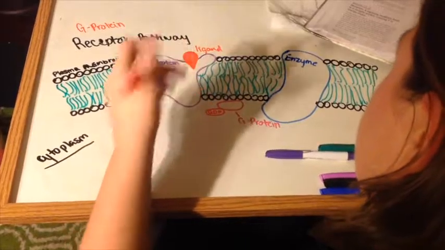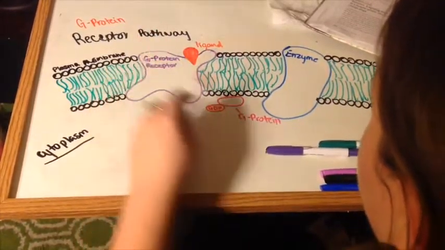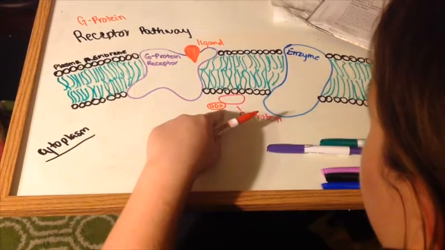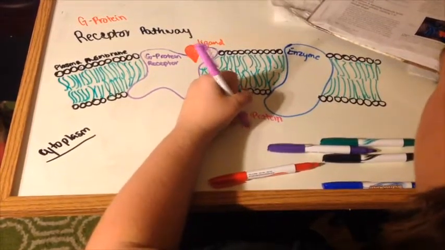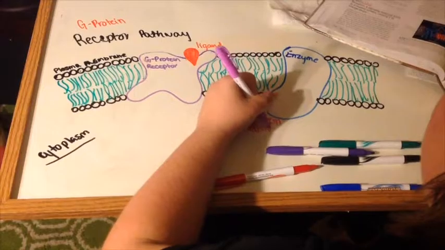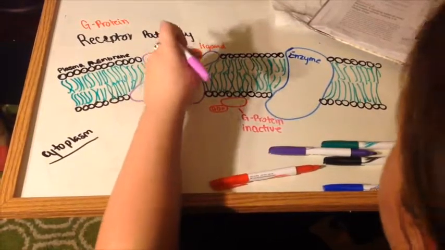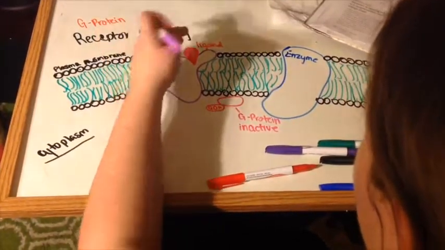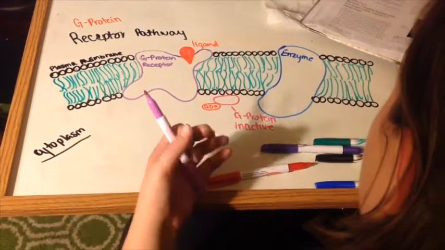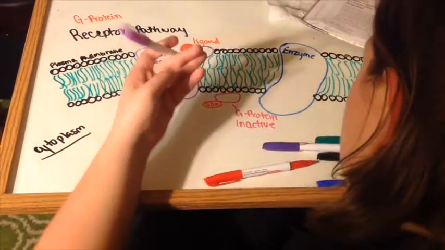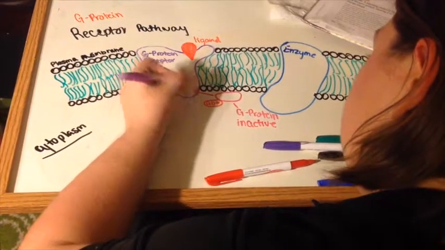And once this enters the G protein receptor, this G protein down here with the GDP is inactive right now. So when this ligand, the signaling molecule, comes into the G protein receptor, it's going to take that G protein and it's going to go through phosphorylation and it's going to travel up and go right into the receptor.